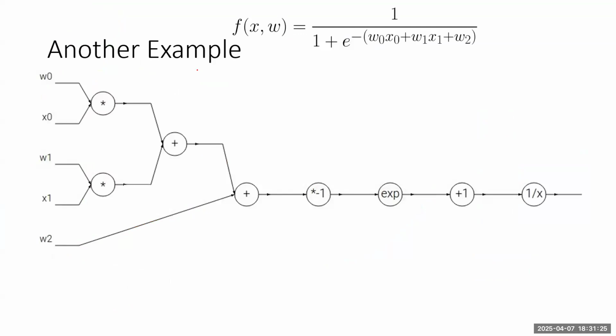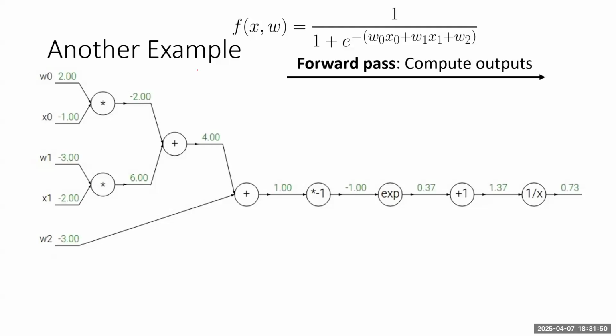So this is another example. I have W0, X0, W1, X1, and W2. And I want to find the derivative of the final f with respect to those 5 parameters. Again, we are working numerically, which means I have to have specific numerical values and first go with the forward path, then I will calculate the backward path.